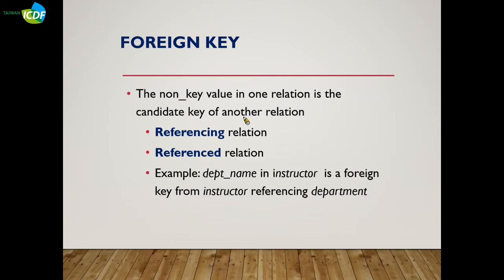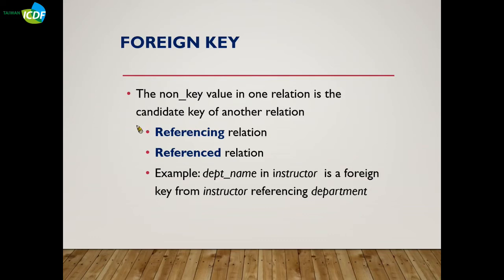Following the primary key, now I would like to introduce the concept of foreign key. Compared to primary keys, which concern more about the internal contents of a table, foreign keys concern more about the relationships between different tables.